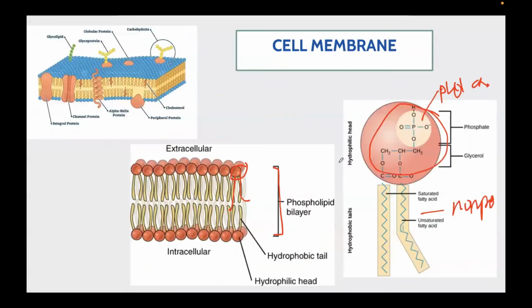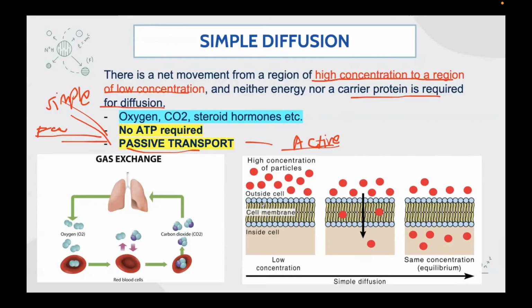Kasi nga, ang ating head, polar head, di ba, meron siyang positive and then negative charges na binabantayan sa outside. And then dun sa loob naman, meron din siyang mga positive and then negative charges na binabantayan. So hindi lahat ng compounds or hindi lahat ng molecules can pass freely.